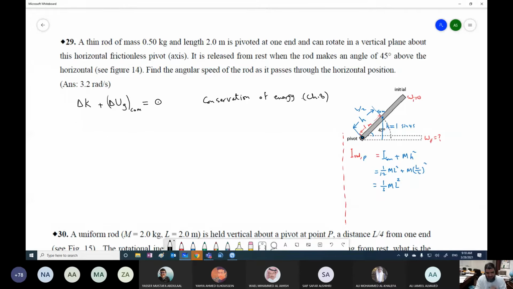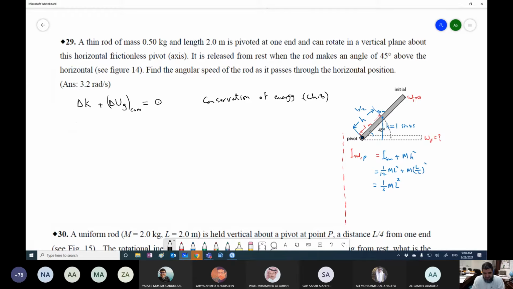For delta UG, which place should I choose? The potential energy for the point that did not move has zero change, and the center of mass went down this distance while the end moved the largest distance. So delta UG is minus mgh, and which h should I use? We will do it for the center of mass.